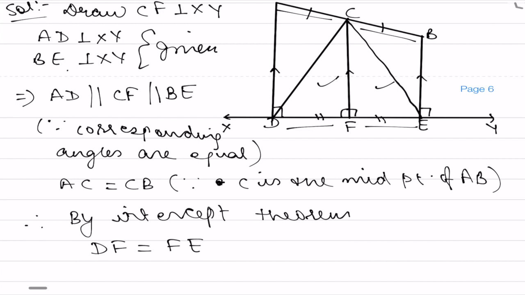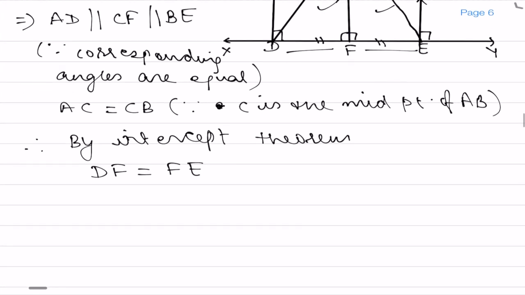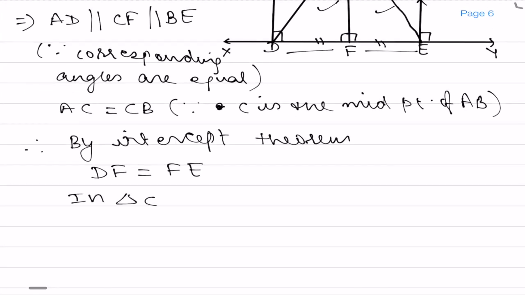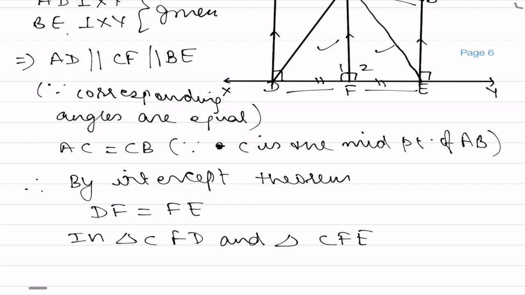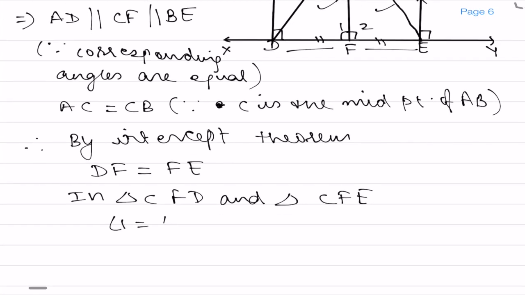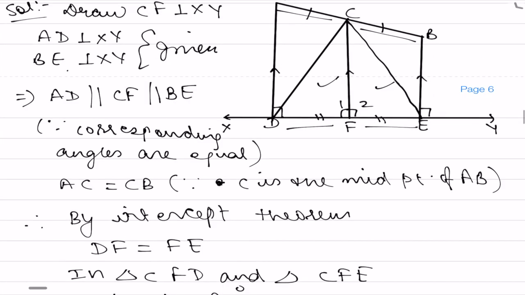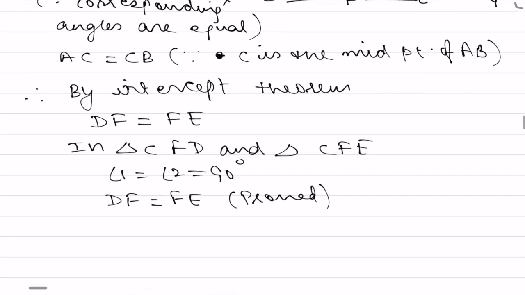Now we will consider these two triangles and prove the congruency of both the triangles. So in triangle CFD and triangle CFE, first, both angle 1 and angle 2 are 90 degrees. Second, DF is equal to FE, that we have proved. And the third part, CF is equal to CF, that is common.